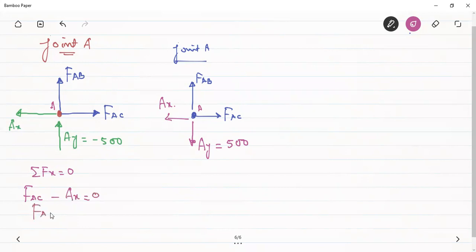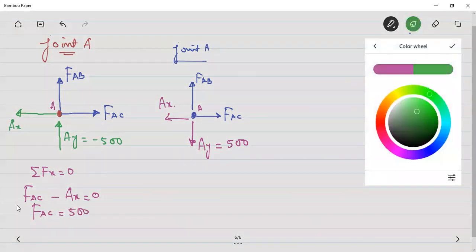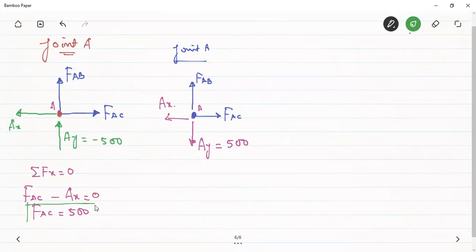Then FAC is equal to AX, that is equal to 500. Since this FAC came out to be positive, it means that our assumed direction, that member AC is in tension, is correct. Therefore, this member will actually be in tension.